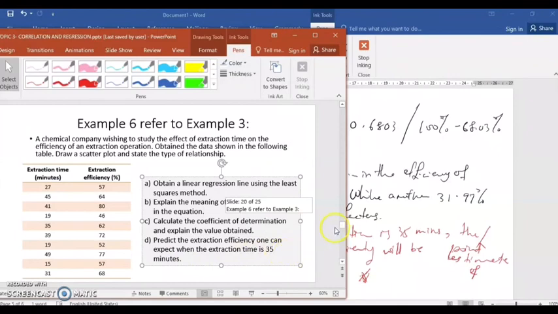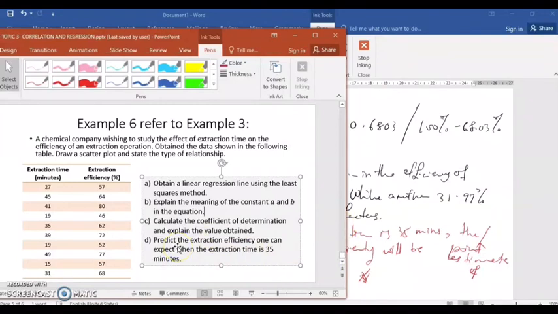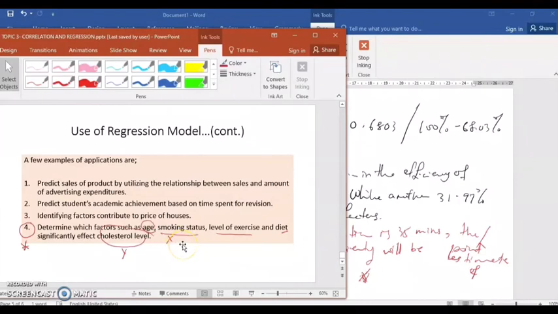That's why one of the uses or benefits when we use linear regression is to predict the future outcome. Okay, I think that is all for the explanation regarding our second part in topic 3, which is correlation and regression. So I hope you all can understand what I'm going to explain right here.